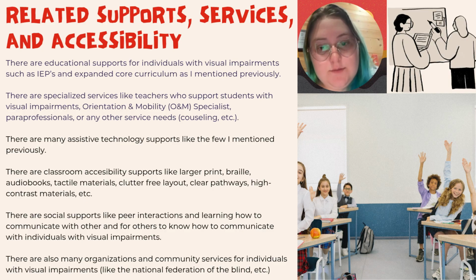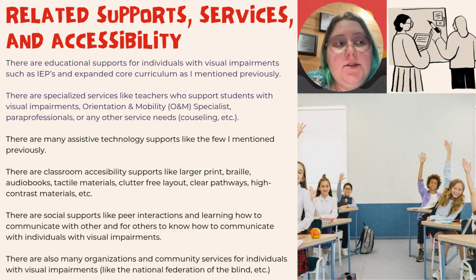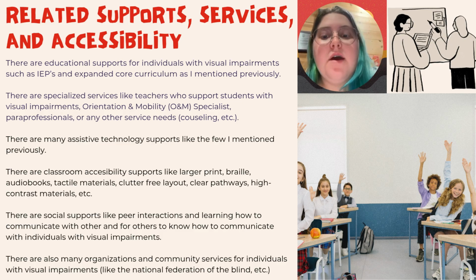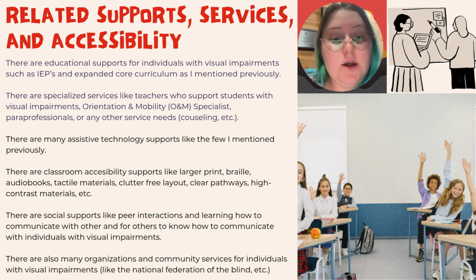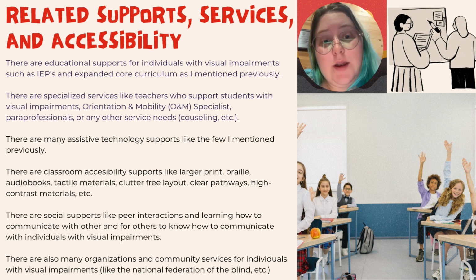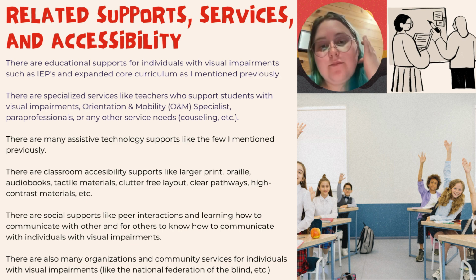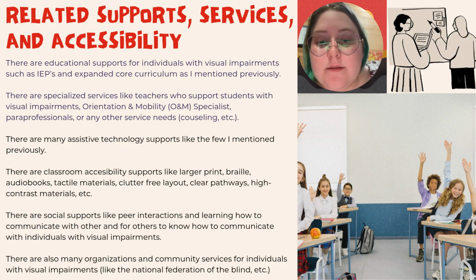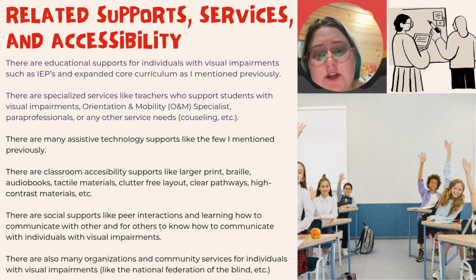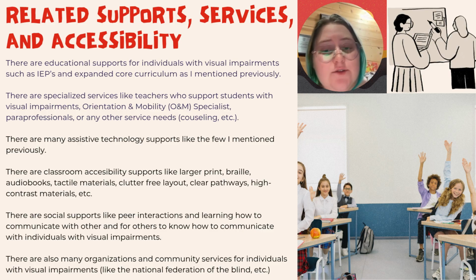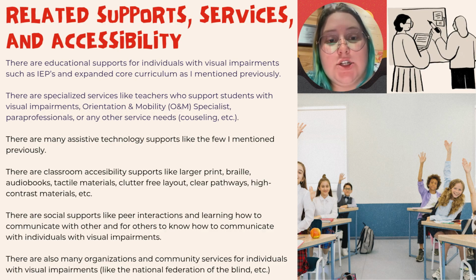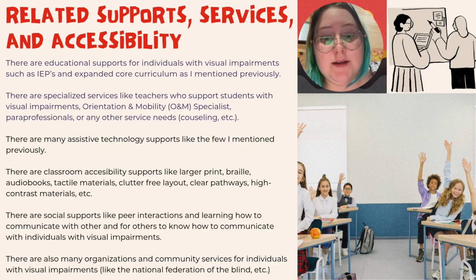And then they can respond, and before you leave saying, "Bye, Stacy, I'm leaving now." And so they know who's talking to them, and they know when you're leaving, and they know when you're talking to them. And also there are many organizations and community services for individuals with visual impairments, such as the National Federation for the Blind.